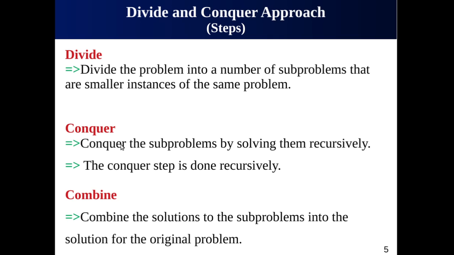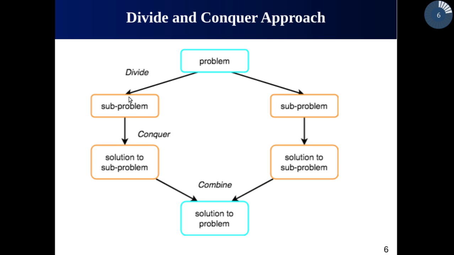We can also graphically represent the divide and conquer approach like this. Here you can see the three steps. First, we have a problem which is given to us, and we want to solve it by using the divide and conquer approach. The first step is to divide the problem into subproblems.